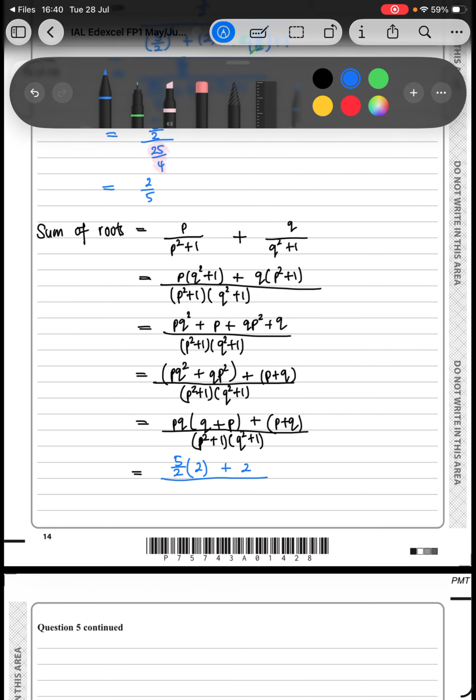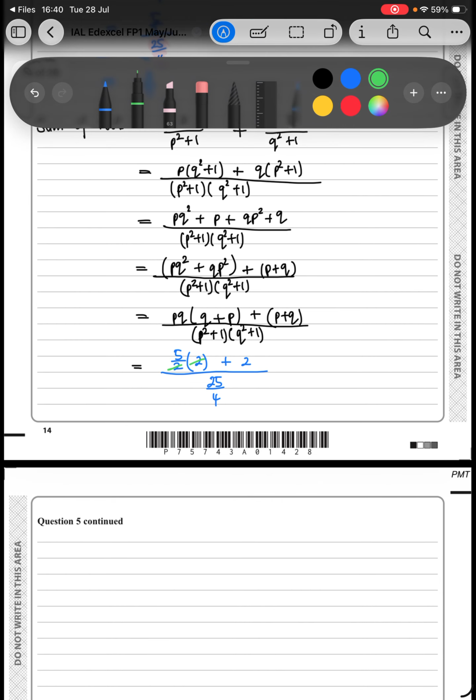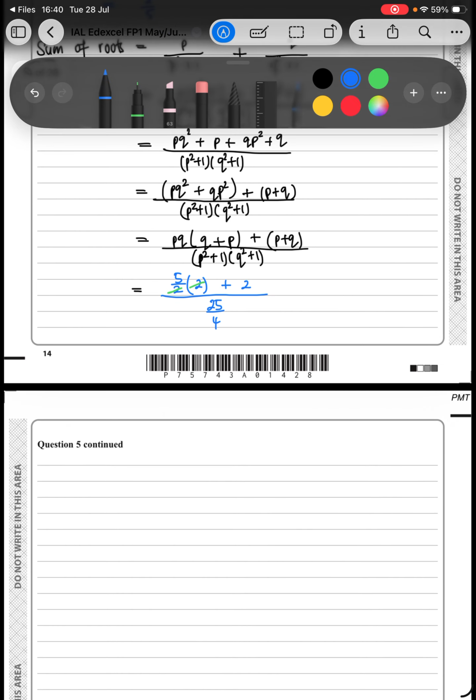So I'll substitute that in directly, less work, and we can see in the numerator the 2's cancel off, so we're left with 5 plus 2 in the numerator, which gives us 7 over 25 over 4, and if we simplify that, we get 28 over 25.